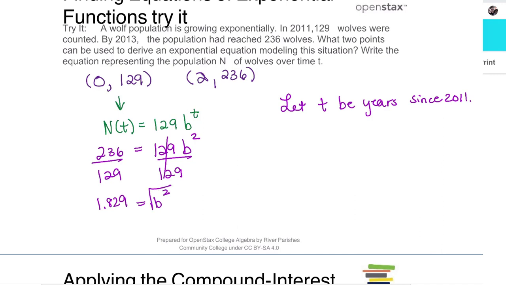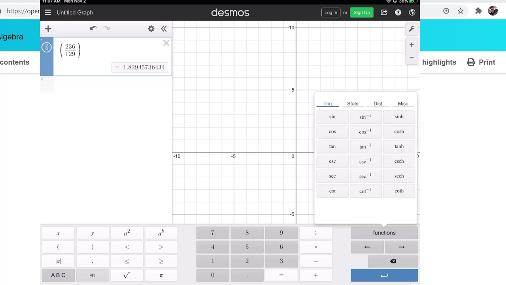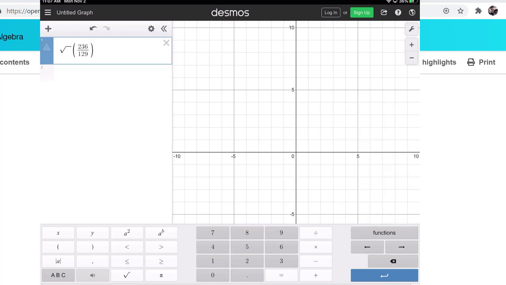And then we're going to square root both sides. We just put parentheses around that whole thing and square root it. Here's the square root button right there. Just retype it.